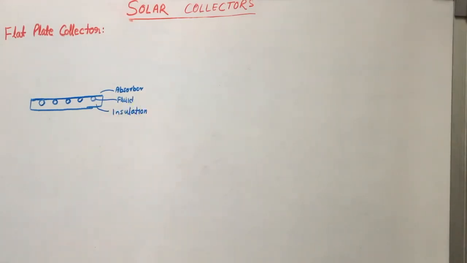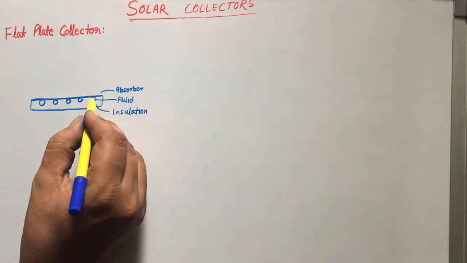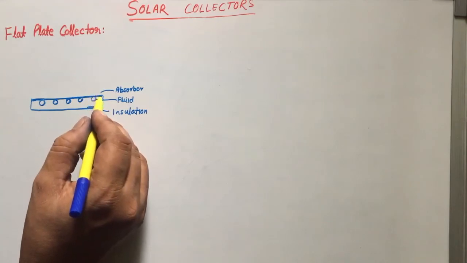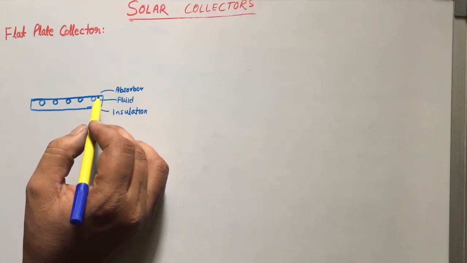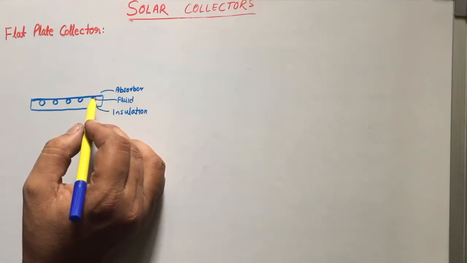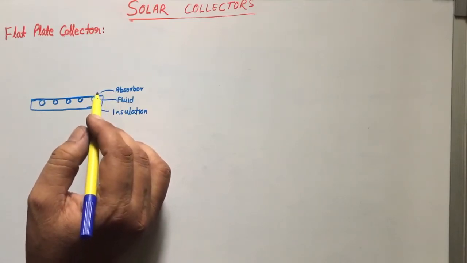Is there any further modification that can be done? We are collecting the radiations. Heat from the radiations can be collected by the absorber. The heat absorbed by the absorber is transferred to the fluid through the pipe due to temperature difference.